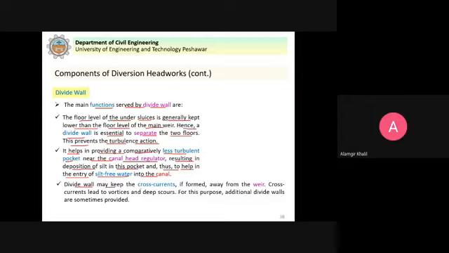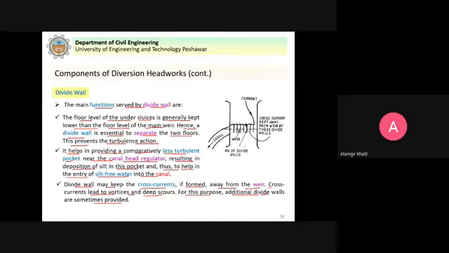The divide wall may keep the cross currents, if formed in the river, away from the weir. Cross currents lead to vortices and deep scours. For this purpose, additional divide walls are sometimes provided. This is an example where more divide walls are provided, and the idea is to keep these cross currents, if formed, away from the weir.